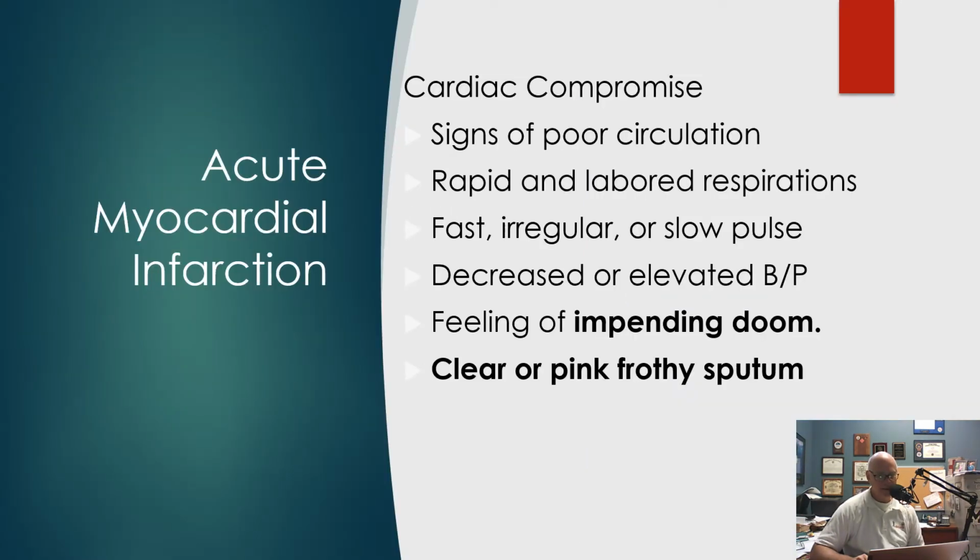Some things that you might start to think of as a cardiac compromise, and worry a little bit more about the patient, are signs of poor circulation. And that might be that they have kind of a mottled skin or their memory might be off. They're not able to answer questions as quickly as you might think. They could have shortness of breath, labored respirations, and then when you listen to the lung sounds, you might hear some pulmonary edema.